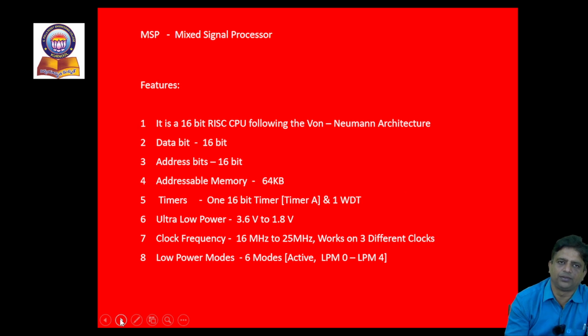So MSP430 is a 16-bit microcontroller, and it has an addressing bit capacity of 16-bit, through which we can represent up to 2 power 16 locations, considered as 64 KB of memory.